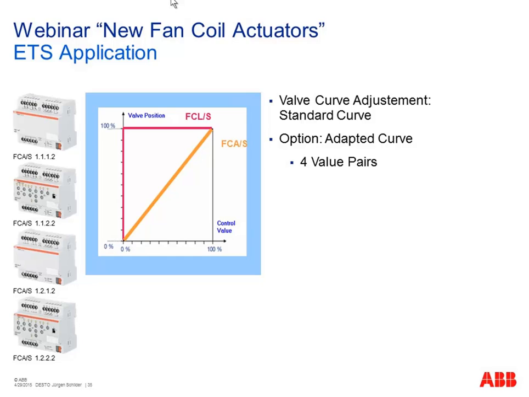Good. And this valve curve adjustment, it was also existing in the former versions. Just some words around this. Here you see a diagram, control value or position of the valve depending on the control value. And if you see our FCA as our classical fan coil actuator, also new ones, there's a linear relation.